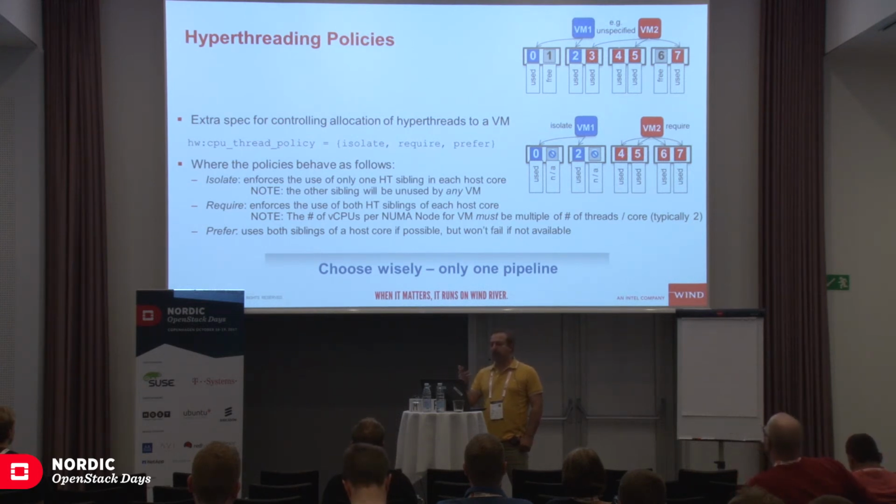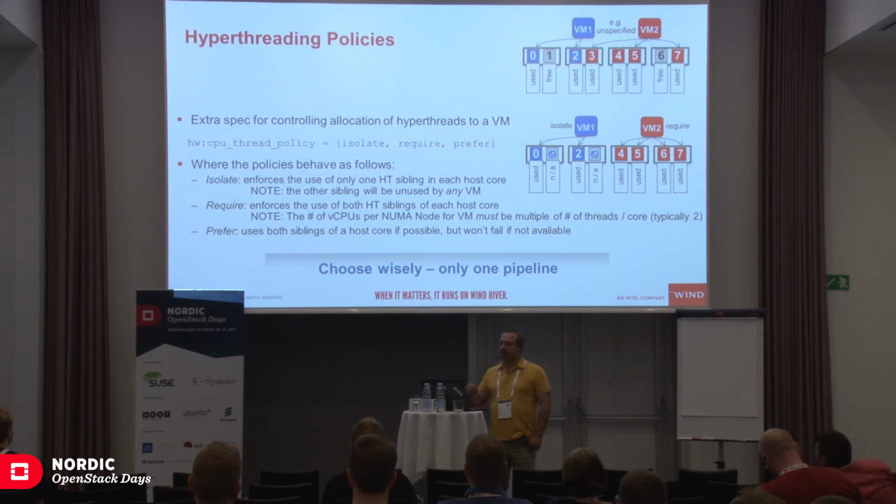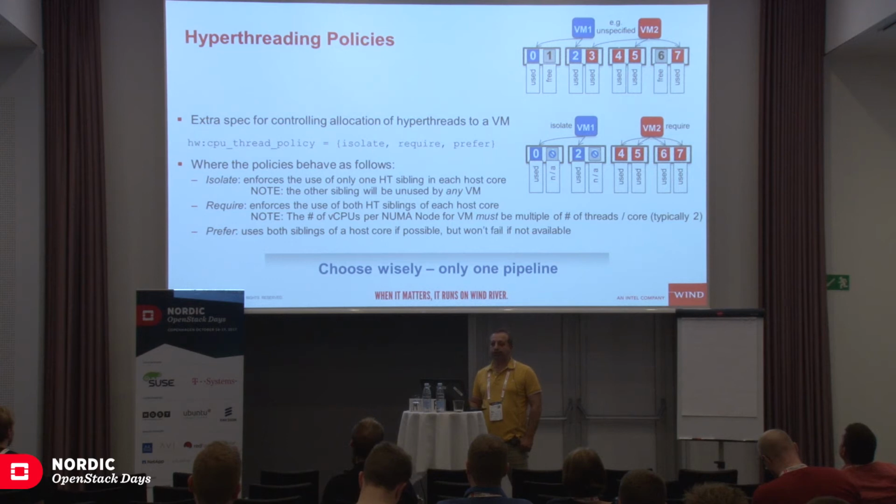As you know, when you're using hyper-threading, you actually get two cores for one physical CPU. In this case, you make sure that you use one of those and that the second one is not used by anyone. The second is require. That means that if you set this thread policy, you make sure that both of those sibling cores of your hyper-threading are used by the same VM in the same host, so that nobody is sharing those sibling cores with your application.